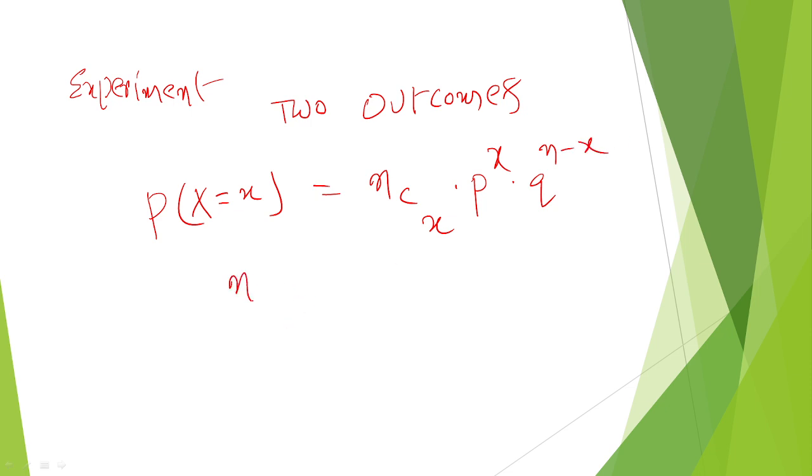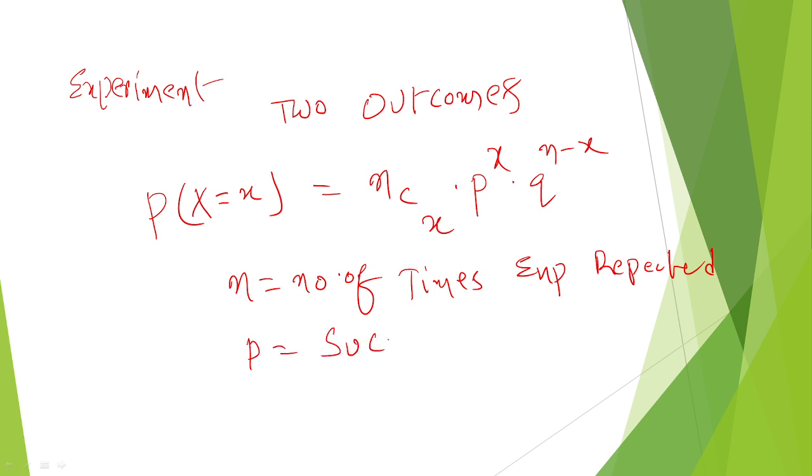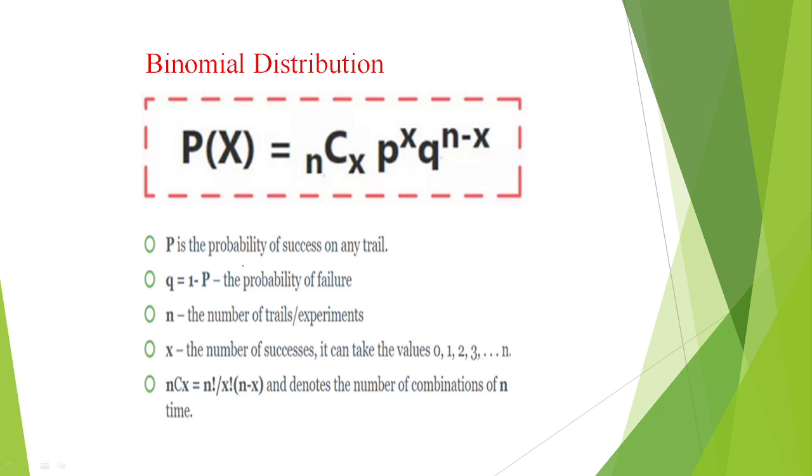Here n is the number of times the experiment is repeated, and p is the probability to get success, and q is the failure. And x is the required number of successes. So this is nCx into p power x into q power n minus x.